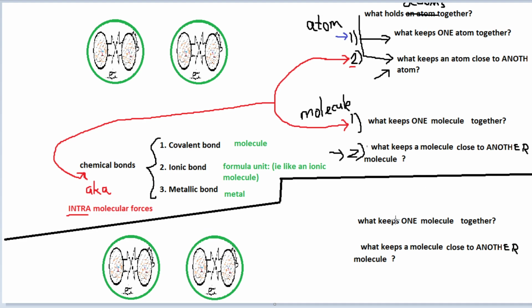What happens when you put molecules together, or formula units, or metals? It doesn't actually matter which one of these three you're talking about. When you've got two molecules, or two formula units, or two parts of a metal, whatever the case may be, what happens when you put them together? You get a substance.